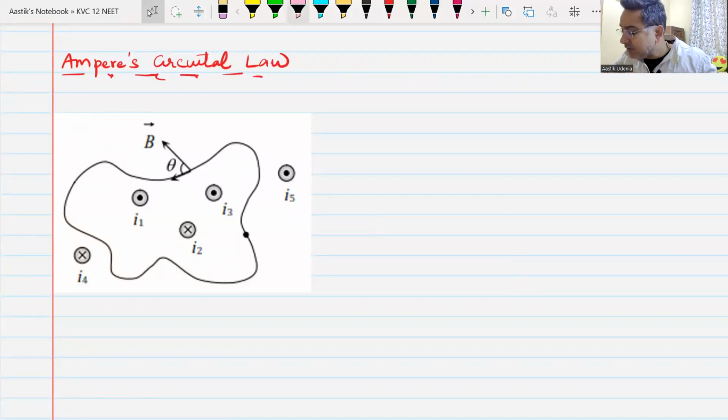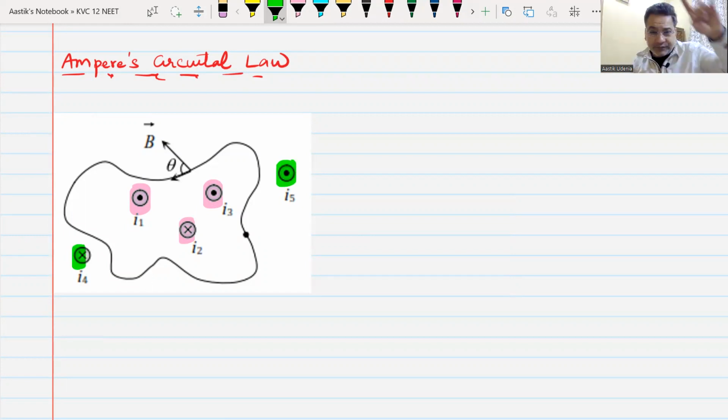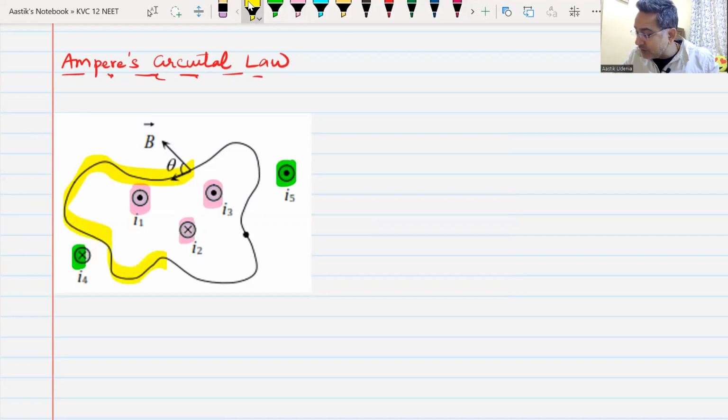You can see some current carrying wires like I1, I2, and I3. Then there are some more, I4 and I5. And what we are doing here is we are creating a loop. Now all these wires are going to create a magnetic field in this closed loop that I have created, which is shown by this yellow thing.